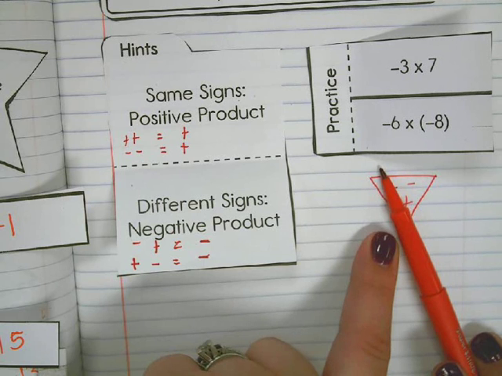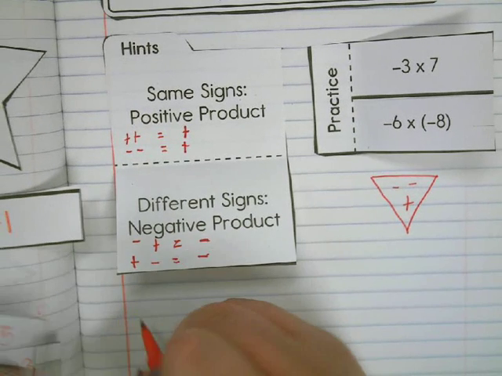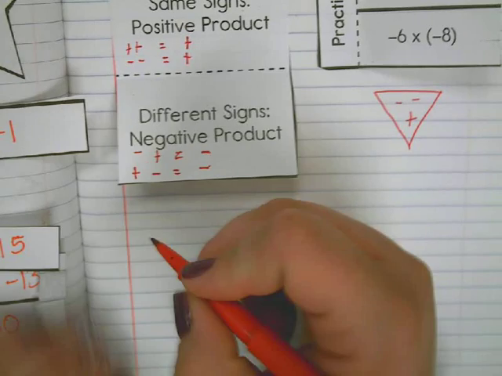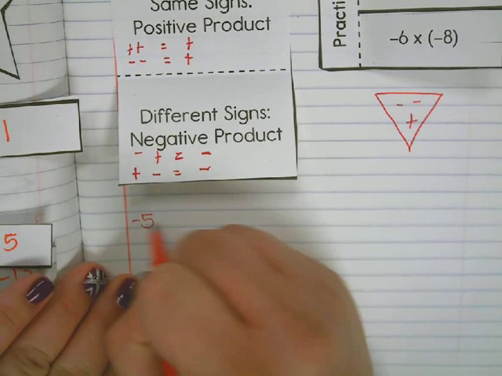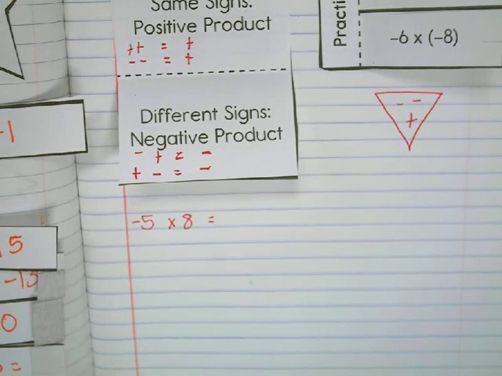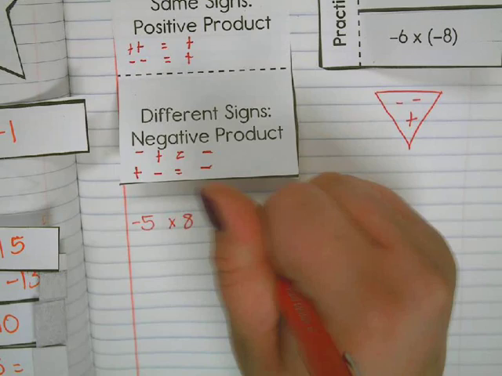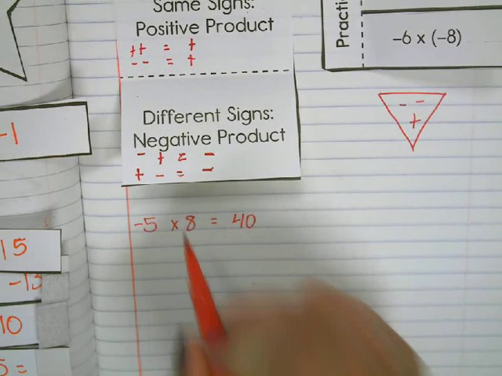Okay. Let's try negative 5 times 8. So what's 5 times 8? 40. I have a negative and a positive, so I'm covering it, so I have a negative 40.